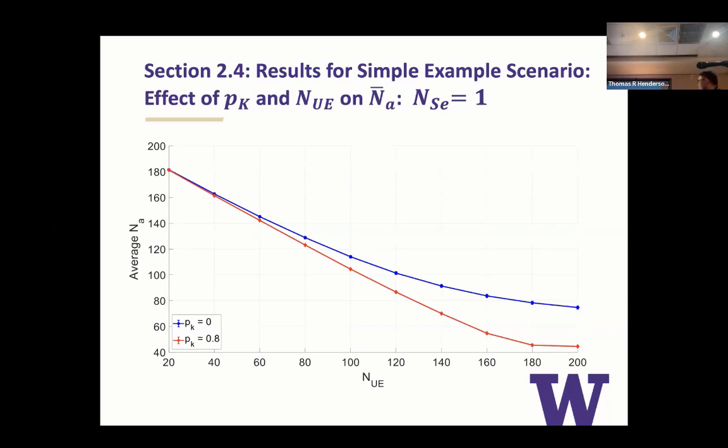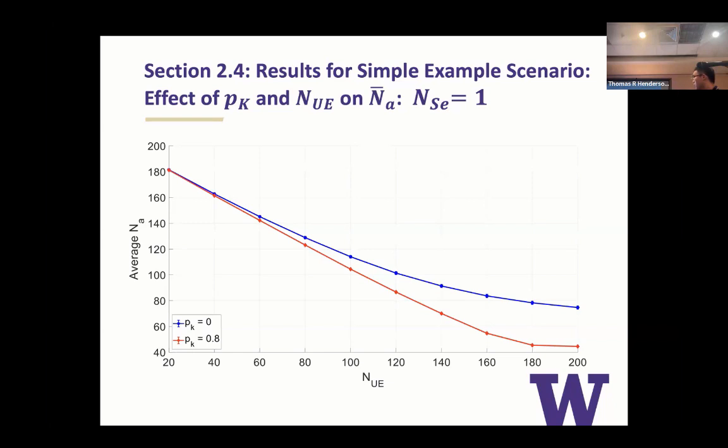For example, if NUE is equal to 100, and for PK equal to 0, if there are 10 UEs collided with each other, there will be 90 PRBs and 10 UEs. If we consider each collision only involves 2 UEs, there will be 90 plus 10 divided by 2, so 95 occupied PRBs.